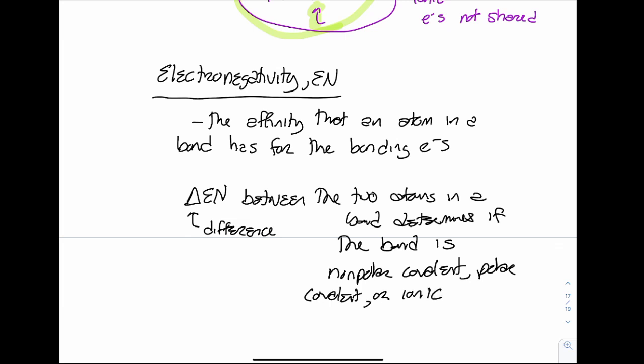If that electronegativity difference is great enough, then one of those atoms has just taken the electrons from the other, and it is an ionic bond.